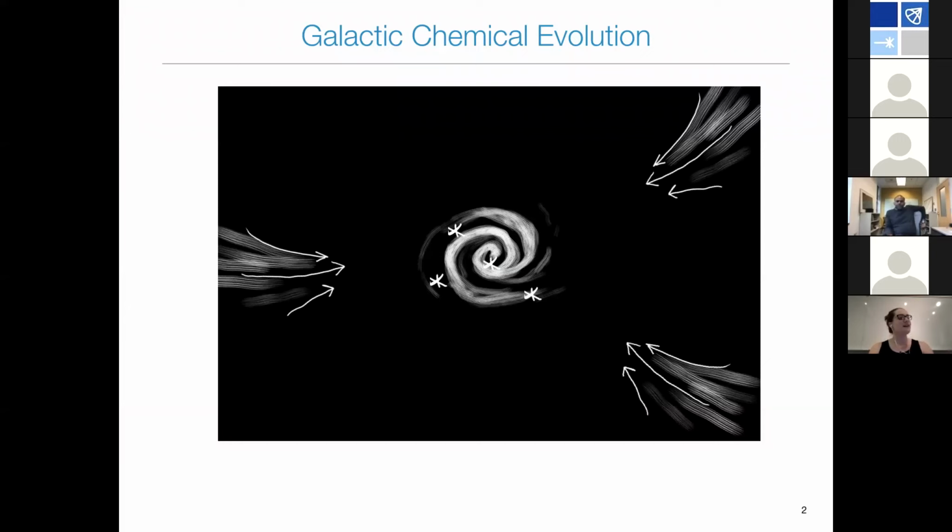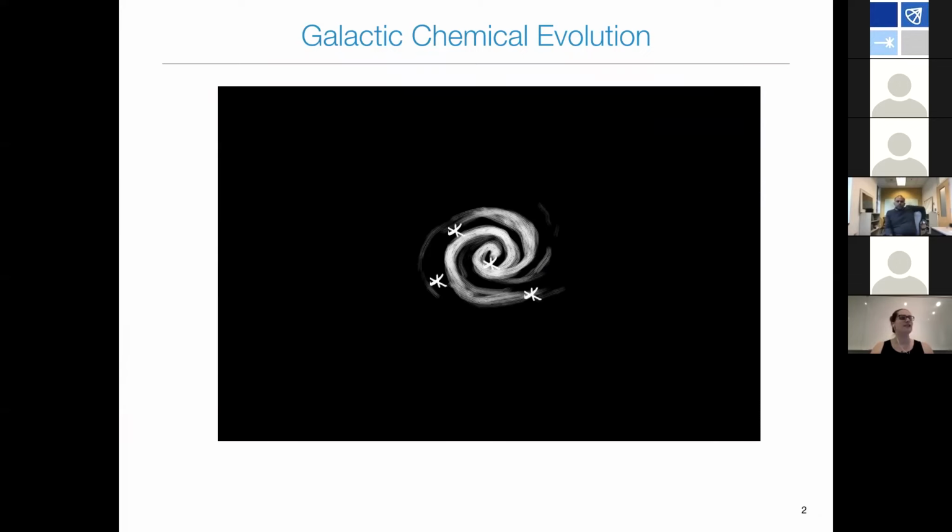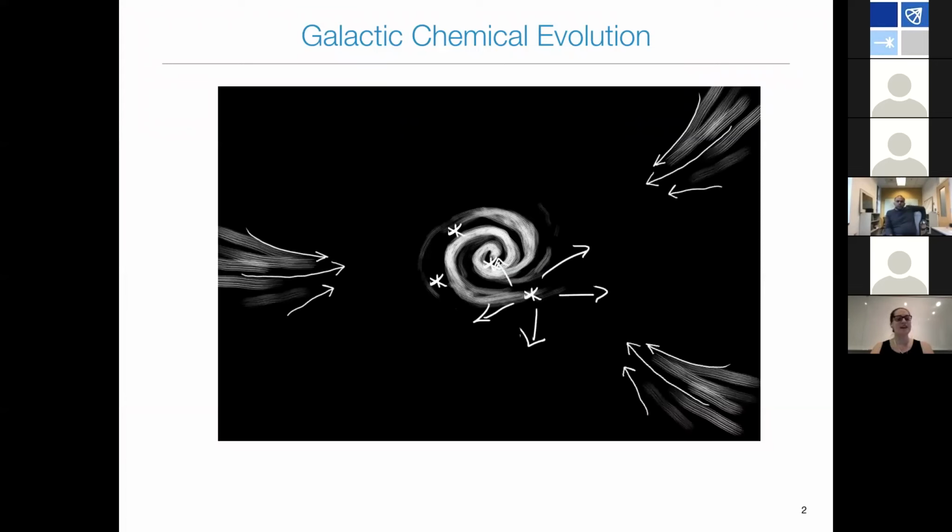At the same time, we have primordial gas inflows, which dilute the heavy elements in the galaxy's gas. We have stars, either through winds, mergers, or explosions, enrich the gas in the galaxy with heavy metals. And in the case of explosions, this also creates a galactic wind, which has a gas outflow out of the galaxy, and so you lose those metals.